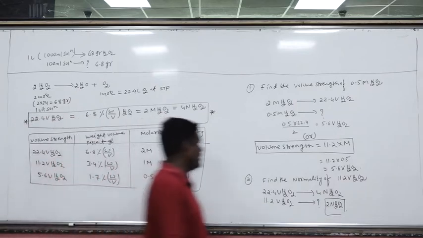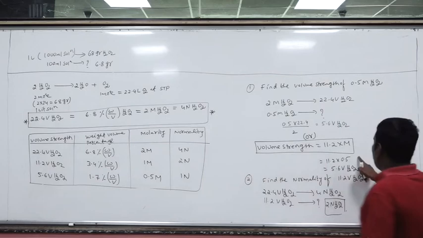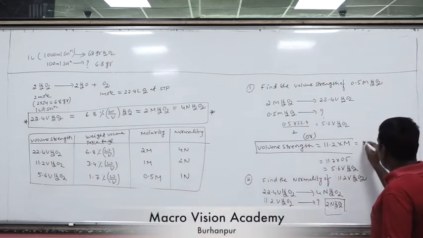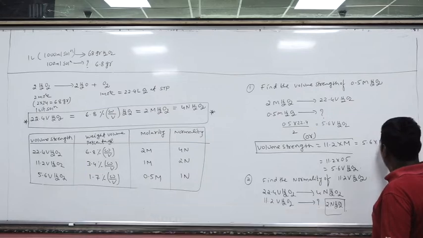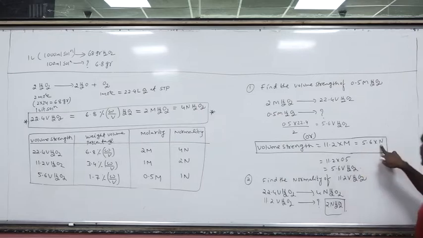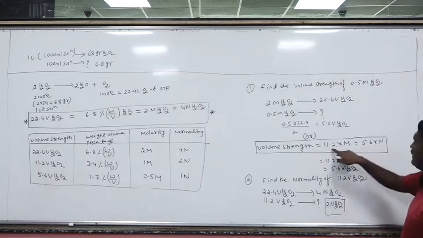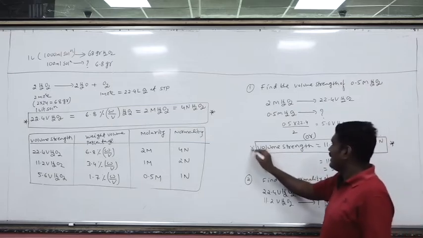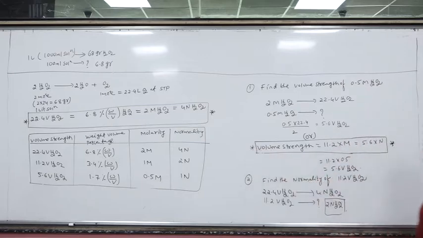Otherwise, you have one formula I am writing here in continuation: 5.6 into normality, because normality is 2 times the molarity. If you write normality is equal to 2 into molarity, you will get 11.2 into molarity. By using this formula also, we can directly calculate the volume strength.